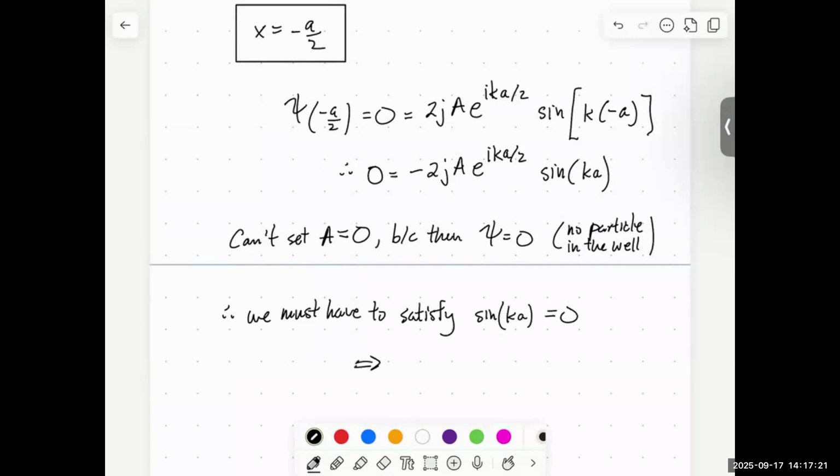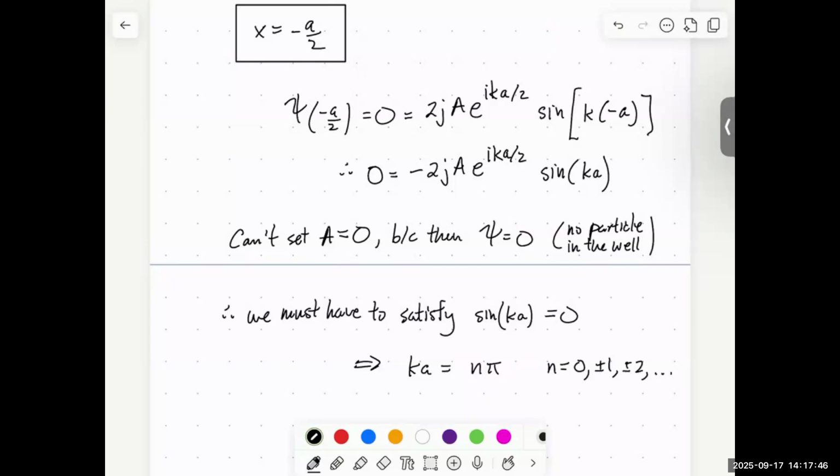And sine is equal to 0 whenever the argument is some integer multiple of pi. And so Ka must be equal to n pi, where n could be 0, plus minus 1, plus minus 2, and so on. This is exactly where we're going to see this quantization.